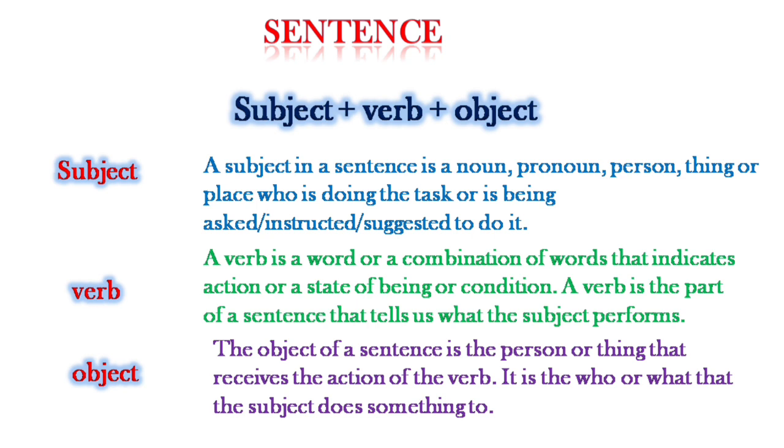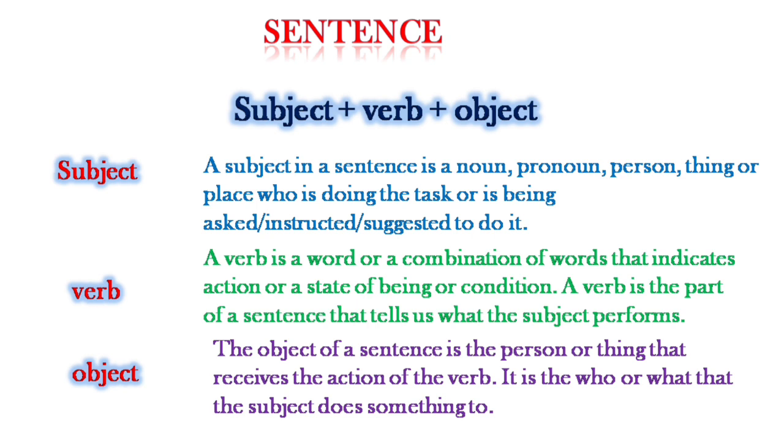And object means the person or thing that receives the action of the verb. It is the who or what that the subject does something to. Okay, this is the main structure of the sentence in English.